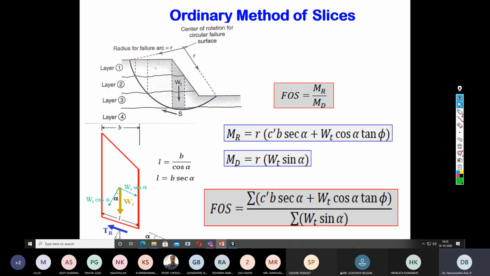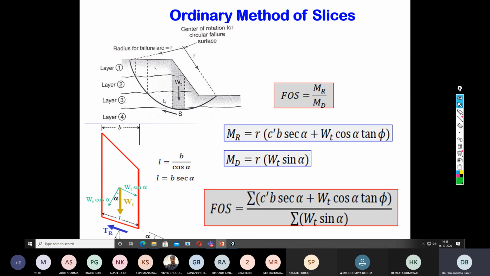Now another important distinction that can be made between the ordinary method of slices and the previous methods like phi equals 0 analysis is that in the ordinary method of slices, one more simplification was done. That is, we divided the whole mass of the soil above the slip failure into so many slices.